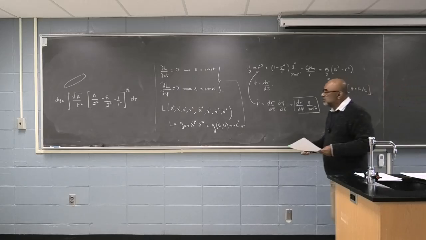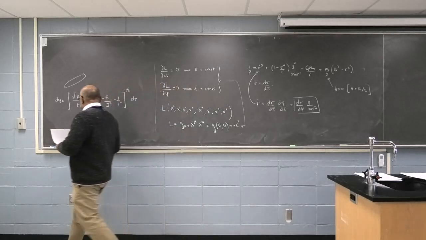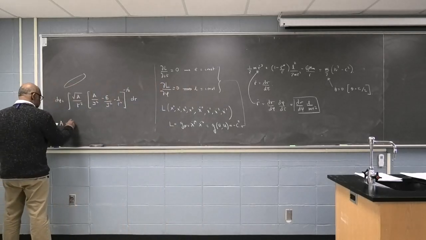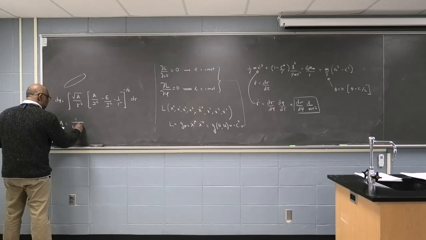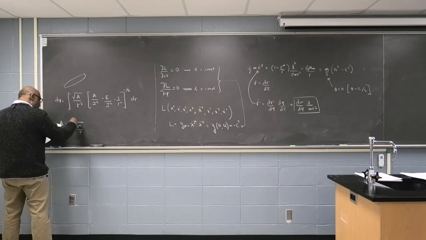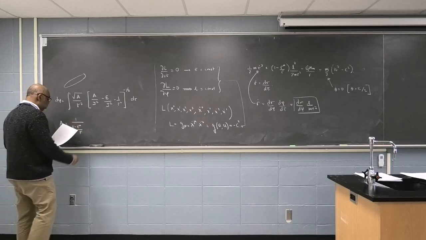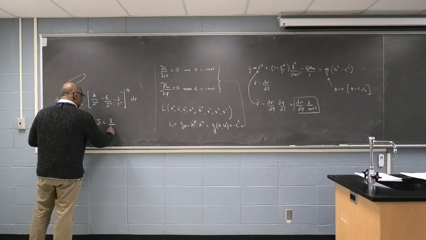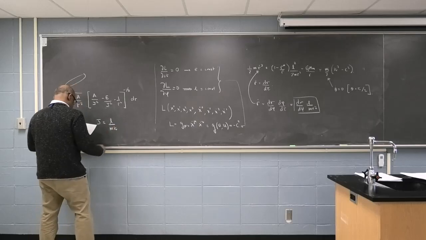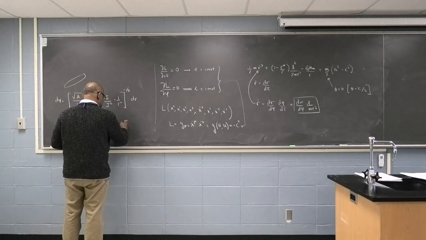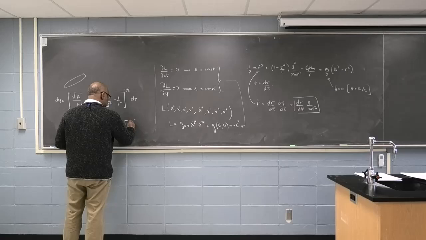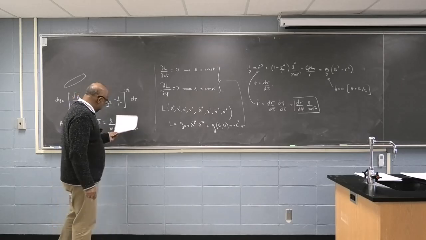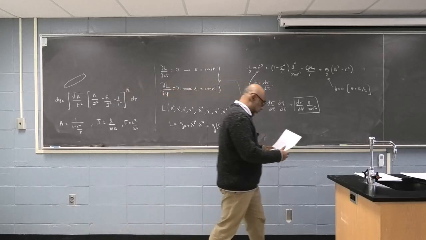So A is nothing but 1 minus 1 over 1 minus r star over r. J is related to angular momentum. And E is related to the energy. It's inverse energy, so to speak.